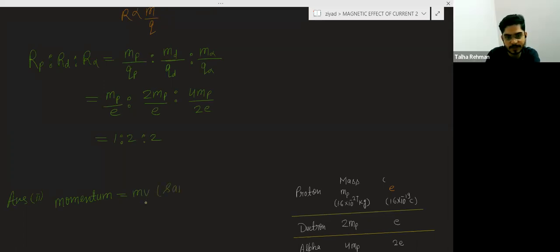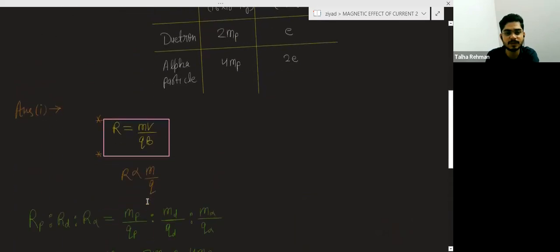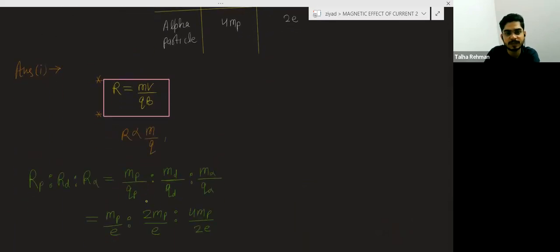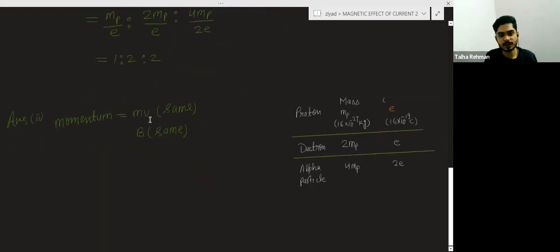This momentum will remain the same, and the magnetic field is also the same because all three particles are moving in the same magnetic field. So that is why this mv is the same and this B is the same. The formula of radius is mv by qB.